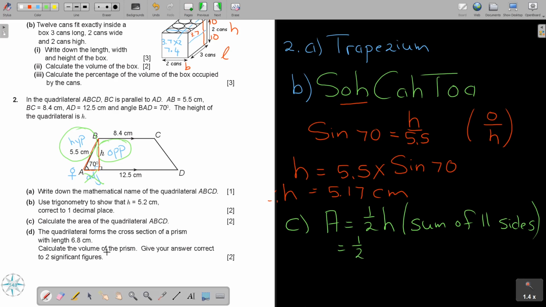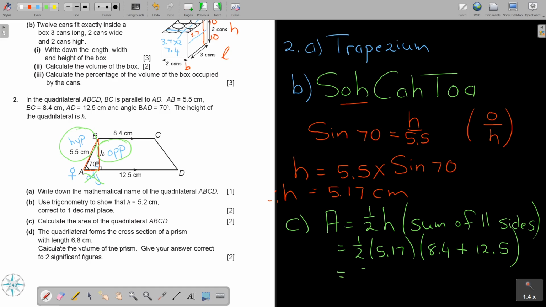So what is the height? I worked it out now. That was that 5.17, and you can use the approximated one. And what are the parallel sides? It's going to be 8.4 plus 12.5. Okay, and then I'm just going to press it on my calculator: 8.4 plus 12.5 equals, multiply 5.17 equals, divide by 2 or multiply by a half, and I'm getting 54.